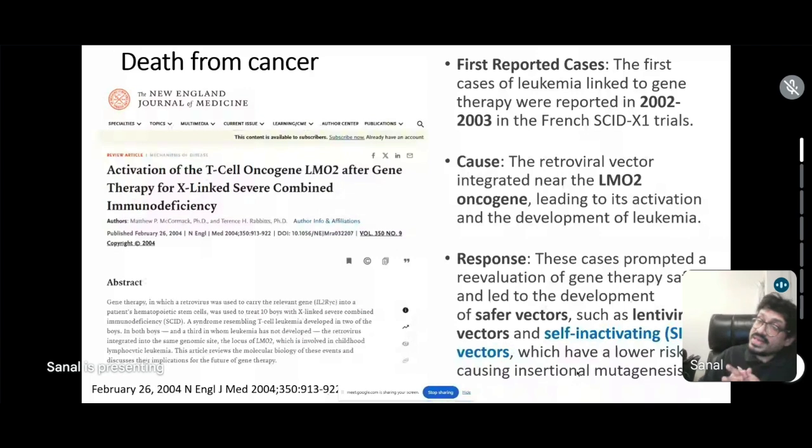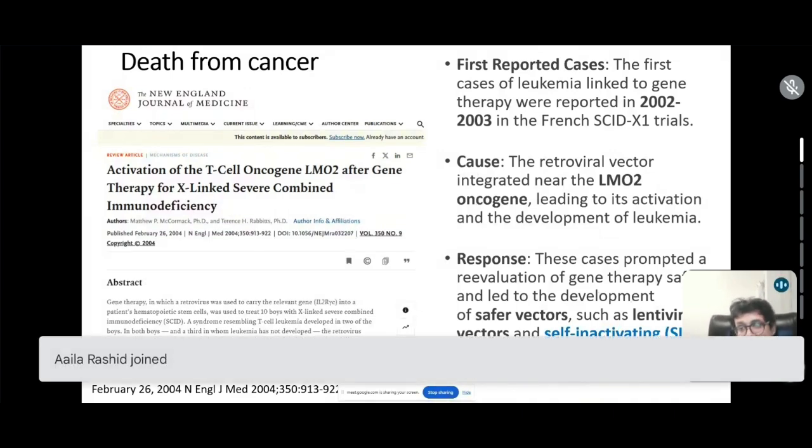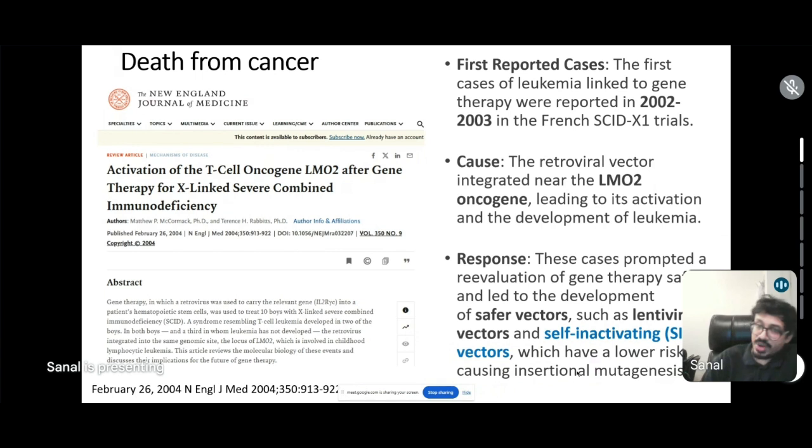Another way is to totally avoid integrating vectors like lentivirus or retrovirus. Simply use adeno-associated virus. Adeno-associated virus do not integrate. They stay inside the cell like an episome. But what is the problem then? The problem is that as cells divide, the copy numbers get diluted.